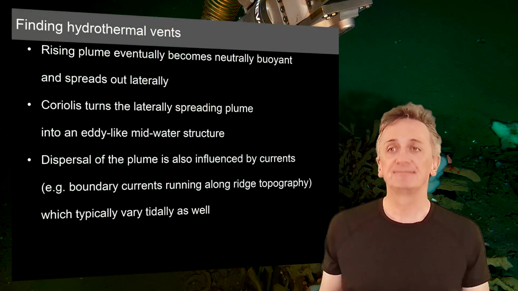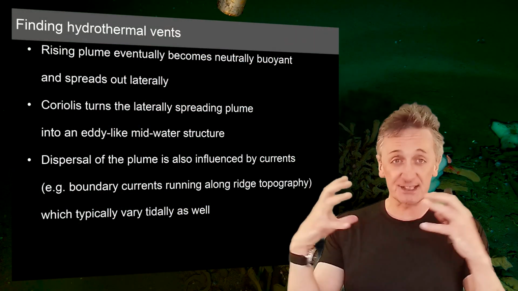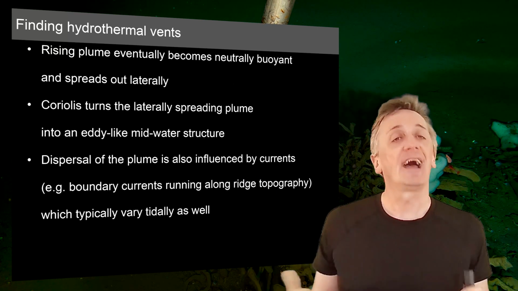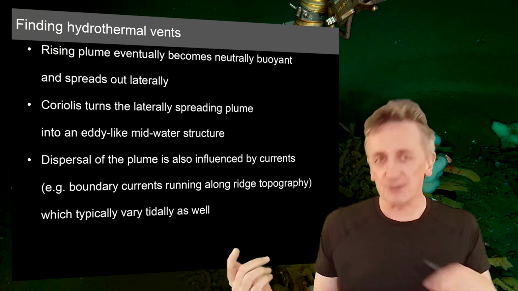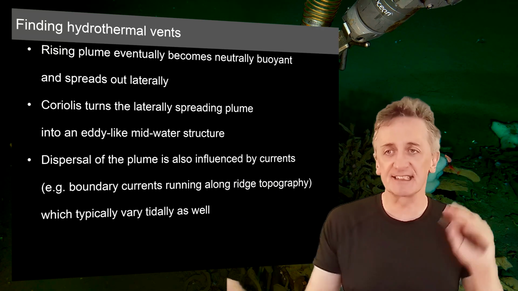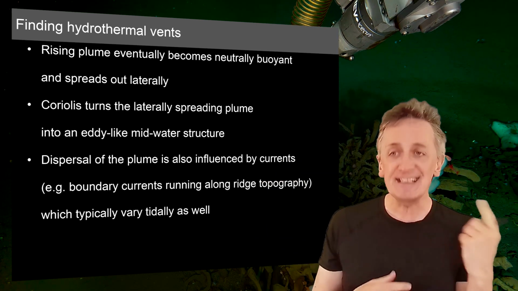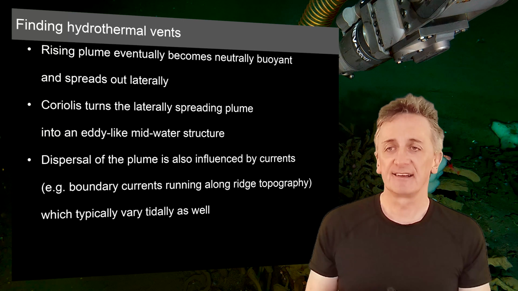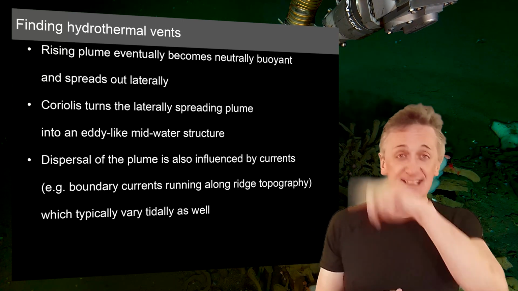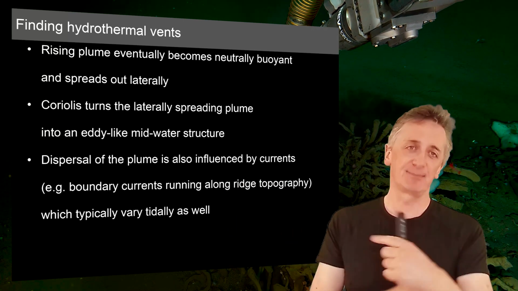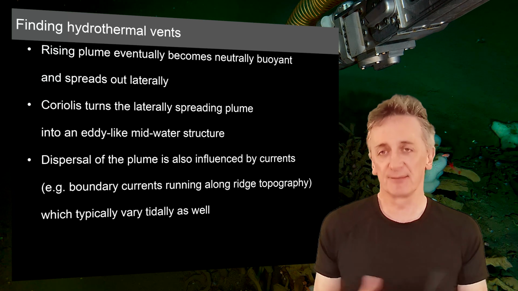So our rising plume eventually becomes neutrally buoyant, it starts to spread out sideways, and then Coriolis, the consequence of the spin of the Earth on its axis, actually it spreads out sideways, it starts to rotate into eddy-like structures. And so what we're trying to do usually is intercept that spreading and gently spinning eddy-like neutrally buoyant plume.